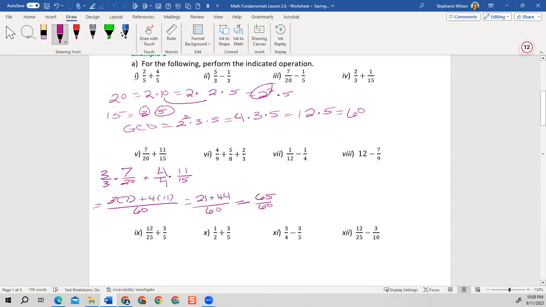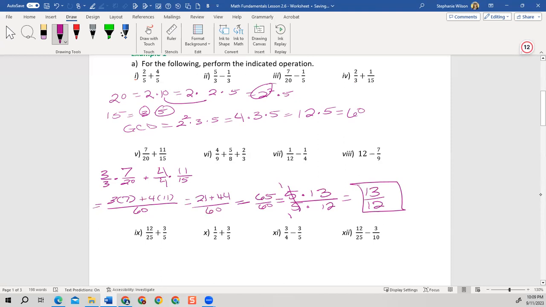Oh, and this will reduce because it ends in 5 and 0, so I know it'll reduce by 5. 5 goes into 65 13 times, and 5 goes into 60 12 times. The 5's reduce to 1, leaving me with 13/12. This is the simplest form because 13 is prime.